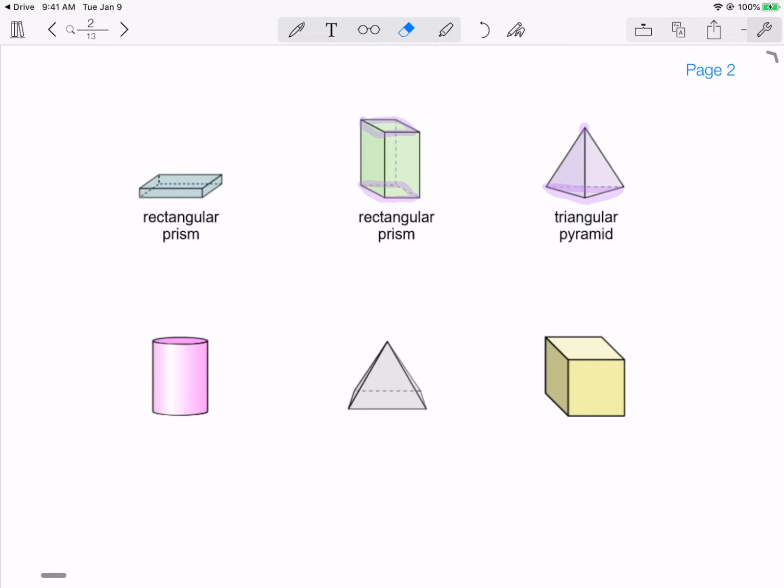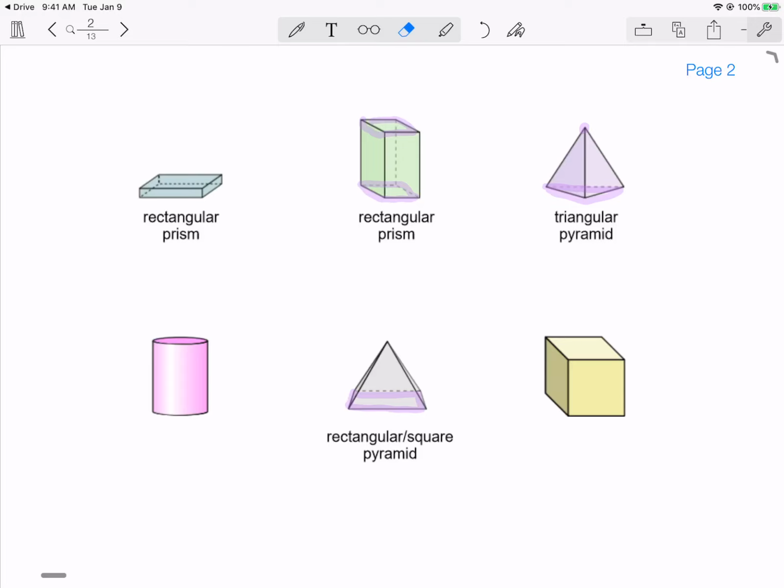Whereas this one in the bottom middle is a rectangular or potentially square pyramid because this base at the bottom has four sides, whereas the one up in the top right only has three sides. So prism, you've got two bases that are parallel to each other. Pyramids, you've only got one base, and then everything comes to a single point.